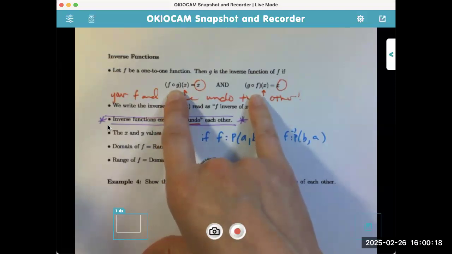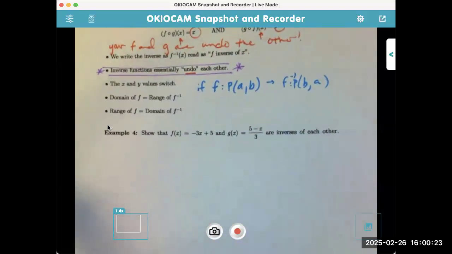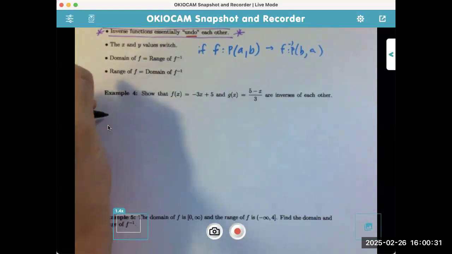You are basically undoing the wear of the article of clothing. Hopefully that makes sense.